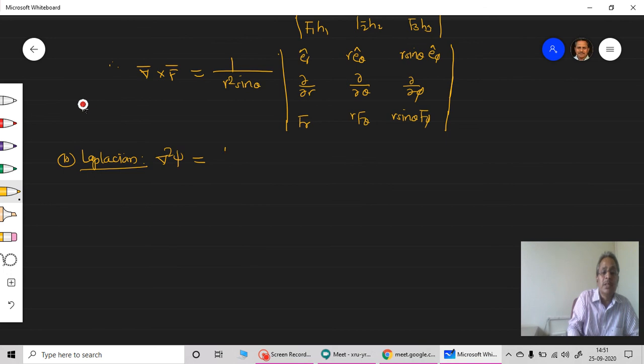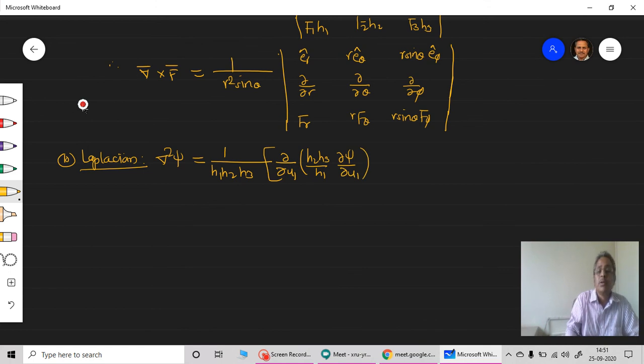If you remember, we have written this earlier by this standard equation: 1 upon h1 h2 h3 in the bracket, ∂ upon ∂u1 into h2 h3 upon h1 into ∂psi upon ∂u1, plus ∂ upon ∂u2 into the bracket h1 h3 upon h2 into ∂psi upon ∂u2, plus ∂ upon ∂u3 into h1 h2 upon h3 multiplied by ∂psi upon ∂u3.